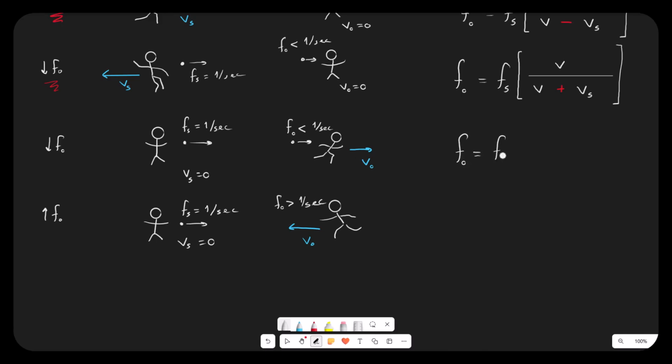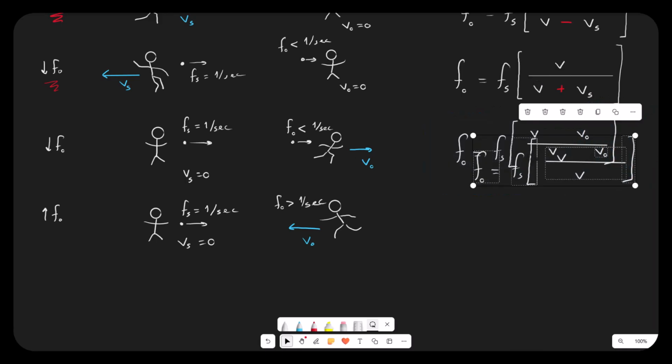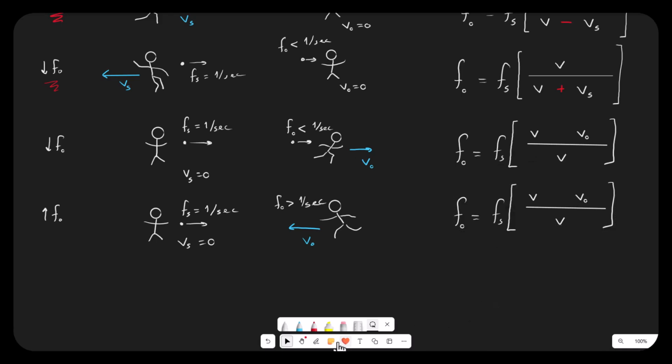FO is Fs. I'm now not messing around with the source at all. That speed is 0, so the bottom of my fraction is just going to be V. And the top I've got V, and I've got V observer. I'm just going to copy paste this equation for now, because I'll need it twice anyway. All I have to do is decide whether I want a plus or a minus there.